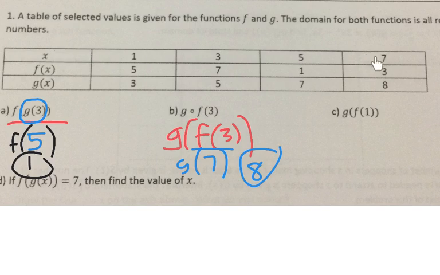So I plugged in 7 for x. And so I'm plugging that into g. So when the input is 7 to g, the output is 8. Go with that?